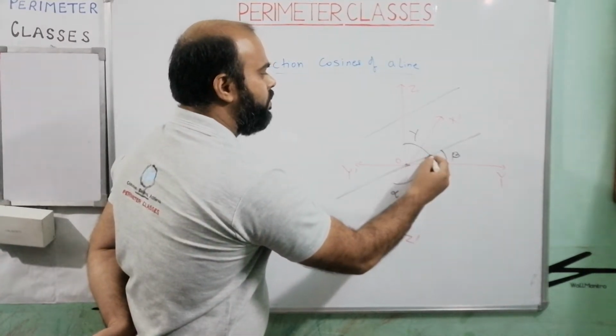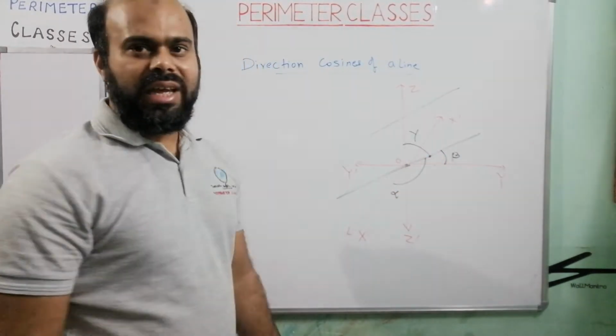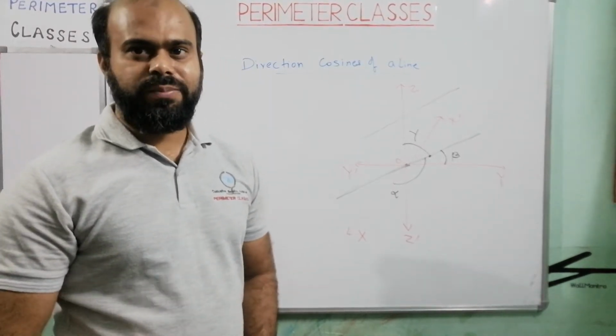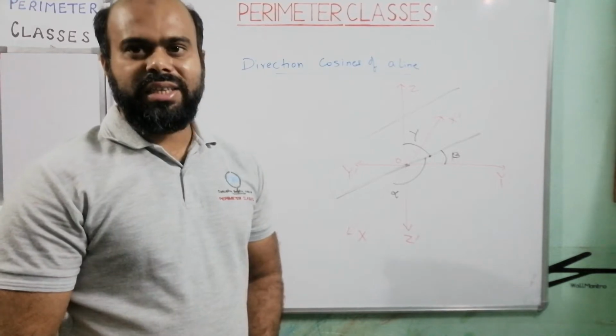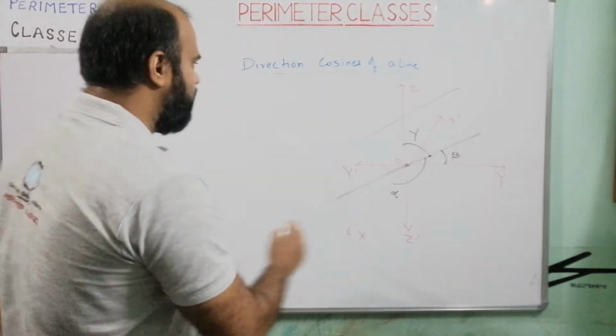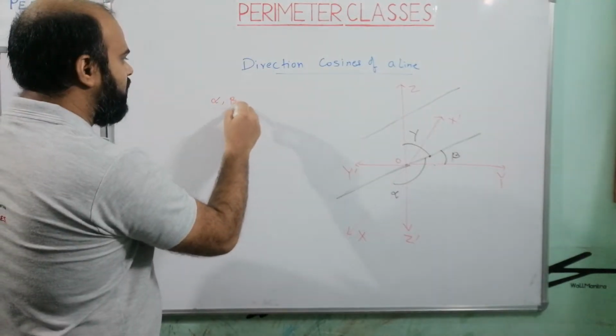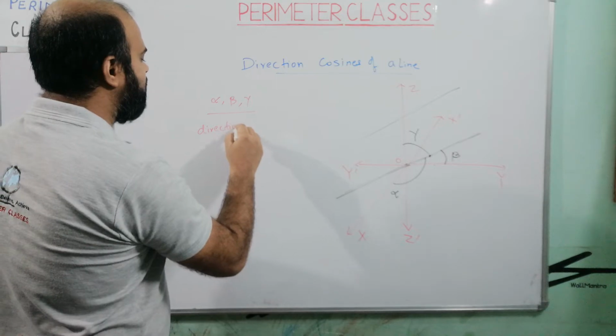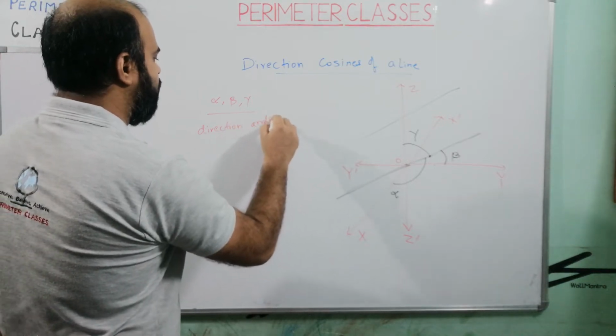So a line can make angles with x, y or z axis and we call those angles alpha, beta and gamma. These are the direction angles. So alpha, beta, gamma can be said to be direction angles of a line.